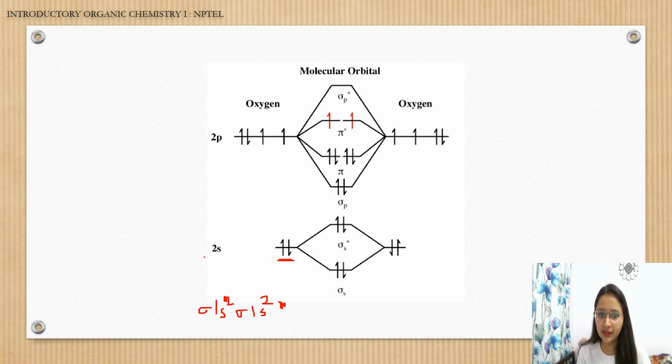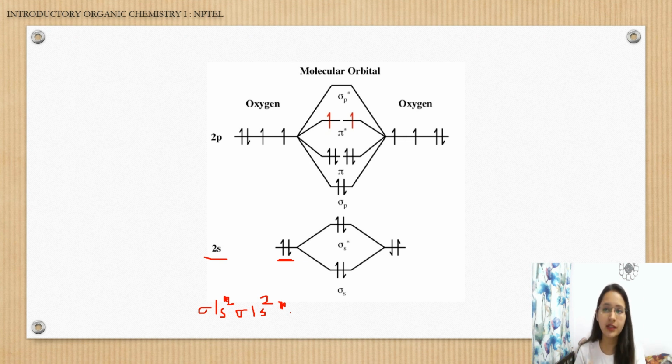This is the anti-bonding orbital for this 1s. So 4 electrons are sorted. Now you have the 2s orbital with higher energy than 1s. So here also you can have 4 electrons, sigma 2s and sigma 2s star.